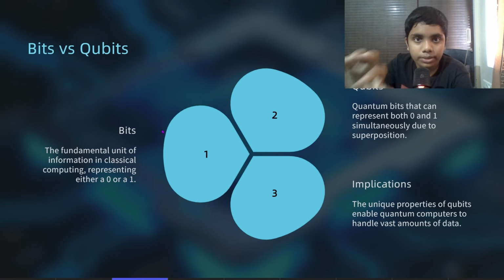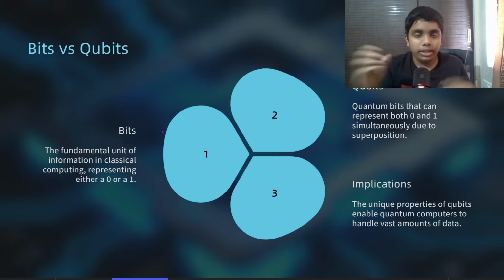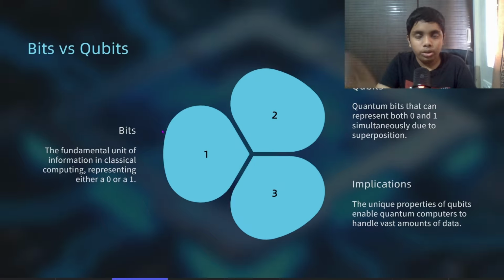Bits store all of your information, like your videos, pictures, games, apps and everything, in a combination of bits, like 0 0 1 0 0 1 0. A bit can either be a 0 or a 1, not both at the same time.